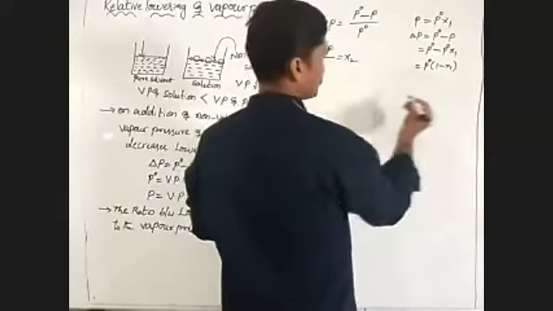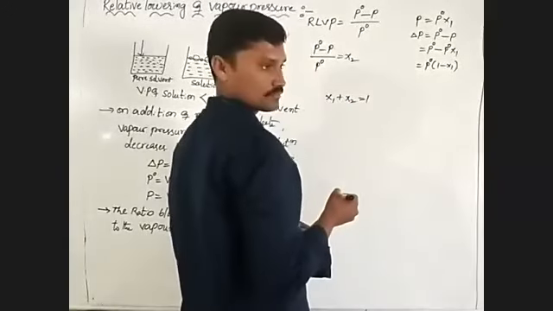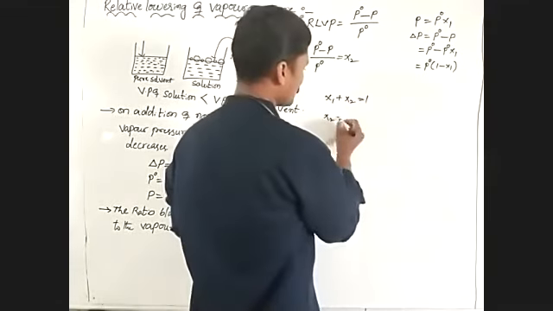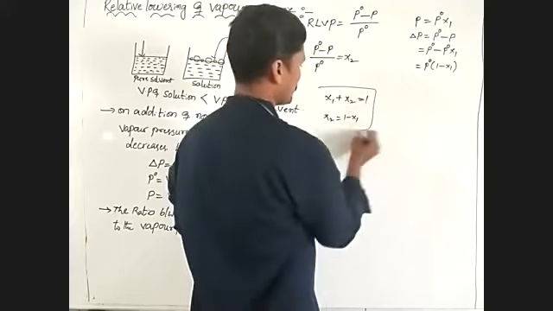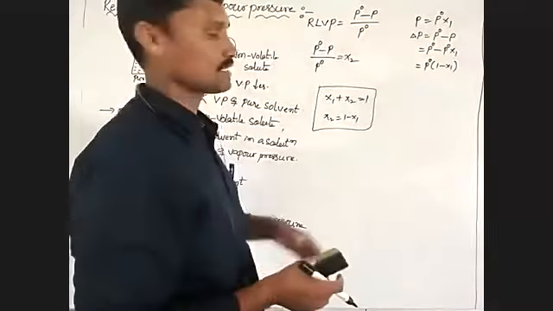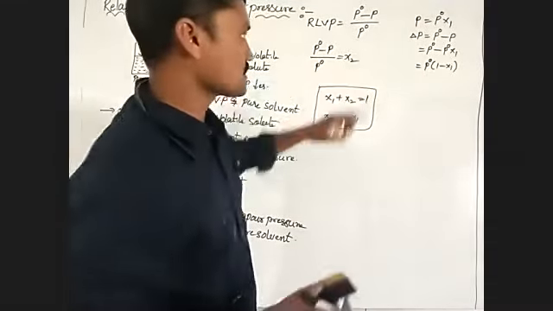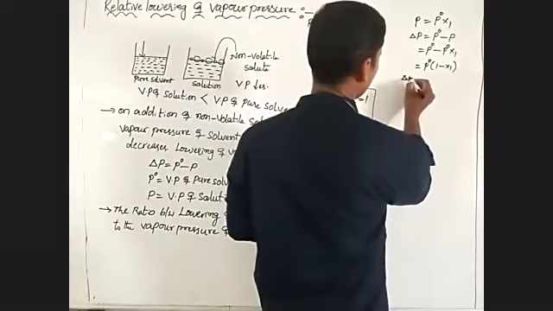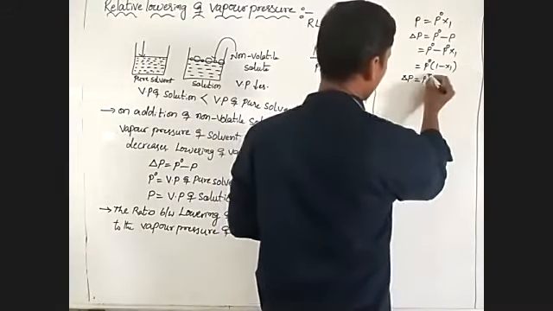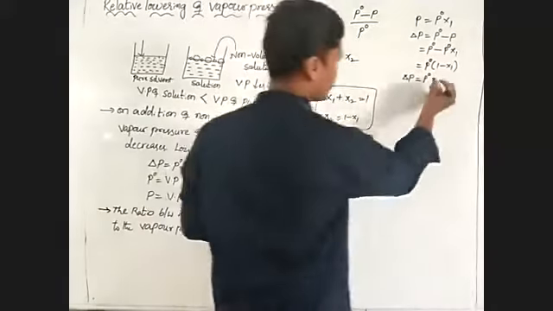Here x1 plus x2 is equal to 1. Next, x2 is equal to 1 minus x1. Already I said that in mole fraction. Then delta P is equal to P naught into 1 minus x1, and 1 minus x1 is equal to x2.